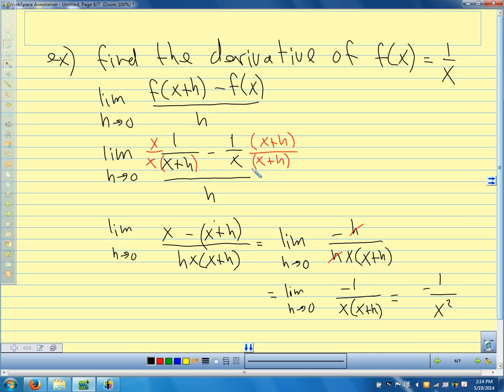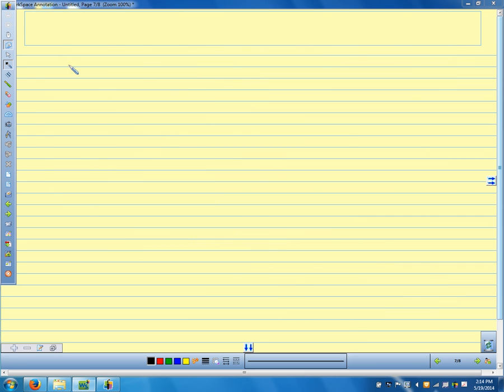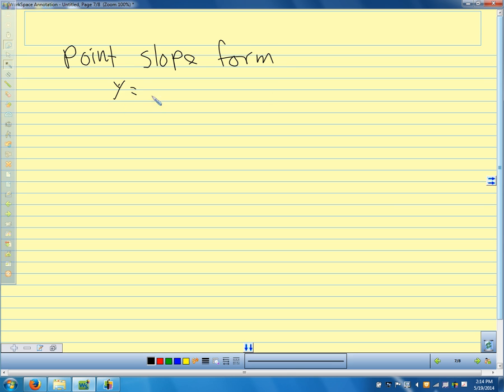And the homework tonight is all working with the idea of using this limit. For the homework, remember that point-slope form. What's point-slope form for a line? y minus y1 equals m times x minus x1.